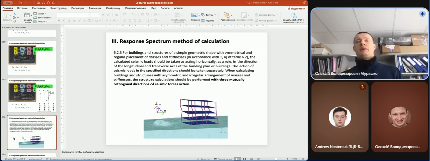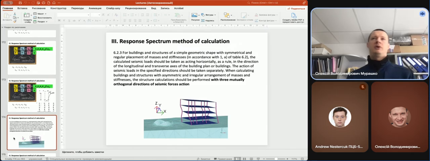So, when we are considering all these seismic forces, we also have to take into consideration various directions of the seismic impacts. Because for some construction sites, we can get an earthquake from various directions.